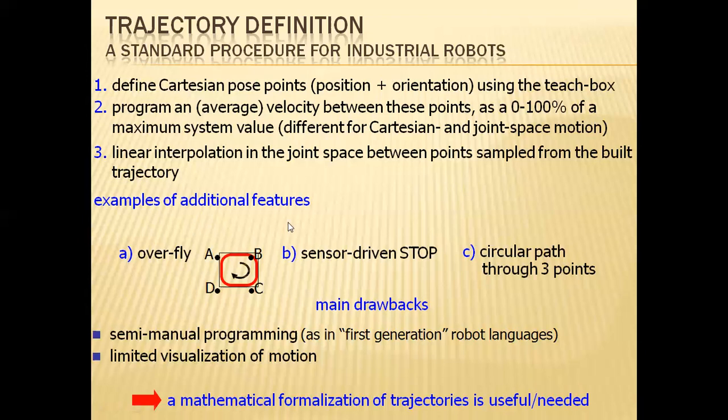The additional feature existing in industrial robots is overfly. Here overfly means bypassing the situation, from A, B, C, D. For example, we have 4 different stations. At A, a turning operation takes place, at B a milling operation, at C drilling operations, and at D assembly conditions.